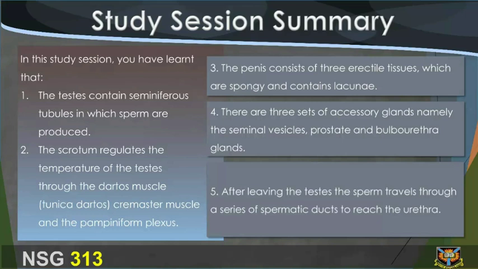The penis consists of three erectile tissues, which are spongy and contain lacunae. 4. There are three sets of accessory glands, namely the seminal vesicle, prostate, and bulbourethral glands. 5. After leaving the testis, the sperm travels through a series of spermatic ducts to reach the urethra.